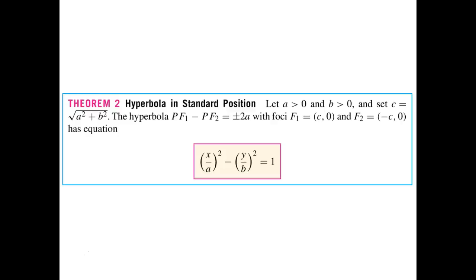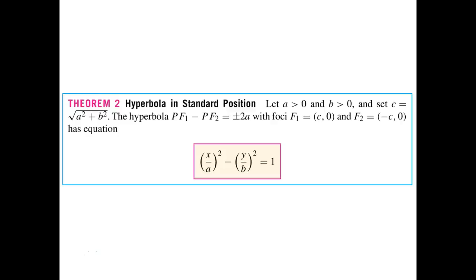Now, a is always positive and b is positive. And c now is not the square root of their difference, it's the square root of their sum. The hyperbola is PF1 minus PF2, where the ellipse was a plus, and this is equal to plus or minus 2a. Remember our constant before was 2a?